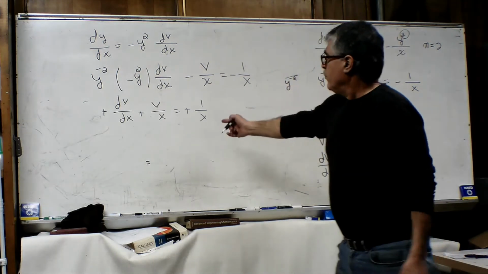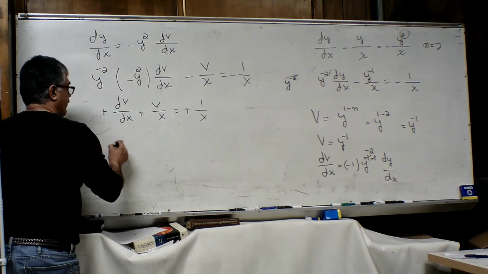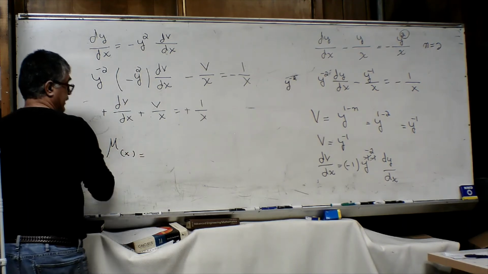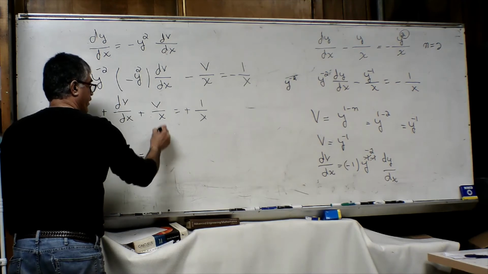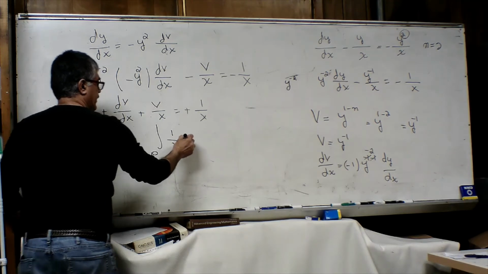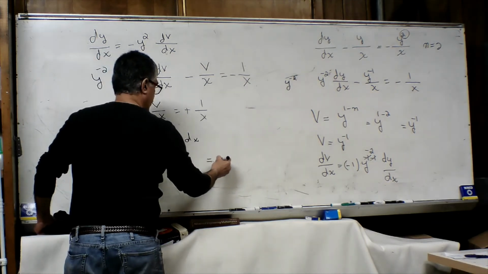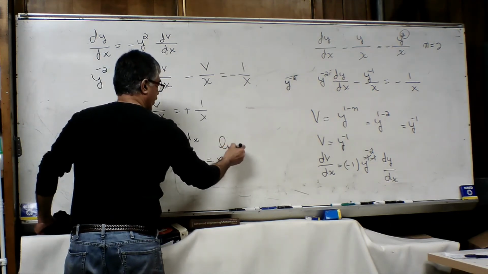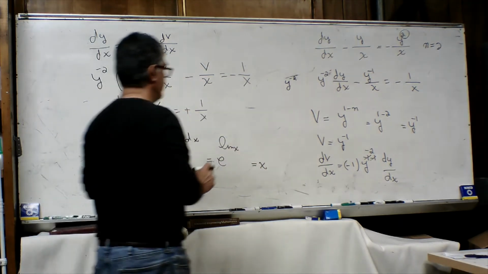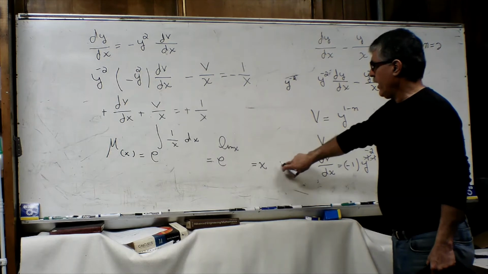Now, we can solve this by finding our integrating factor, mu of x, which is equal to e to power integral of 1 over x dx, which is equal to e to power natural log of x. So our mu of x is equal to x. Our integrating factor is equal to x.